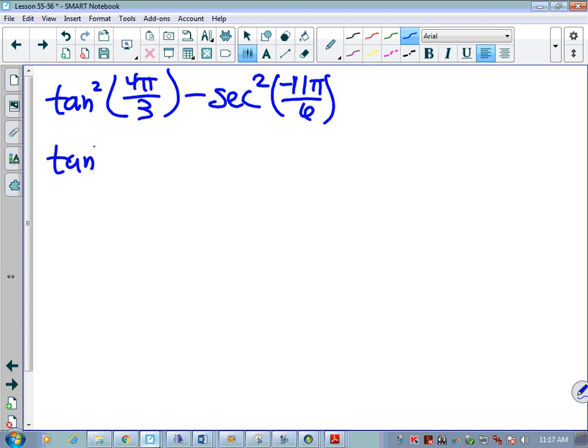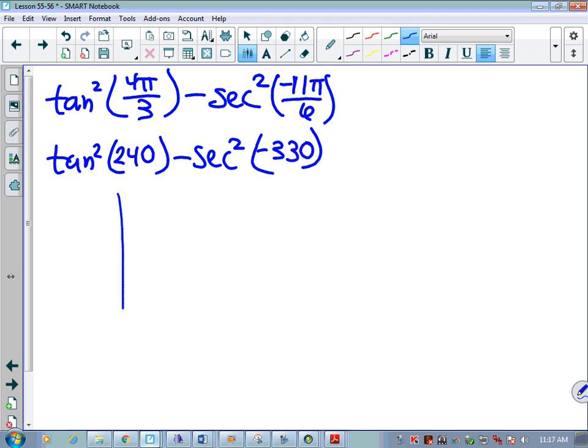All right, so I already have some of this work drawn out, and hopefully you guys have got it too, but your tangent squared should come out to 240 degrees. Is that what you guys got? Minus secant squared and negative 11 pi over 6. Yeah, I got negative 330 degrees. Okay, so first order of business is 240.